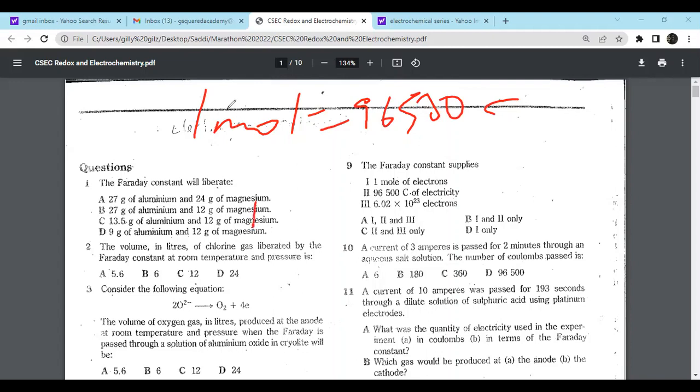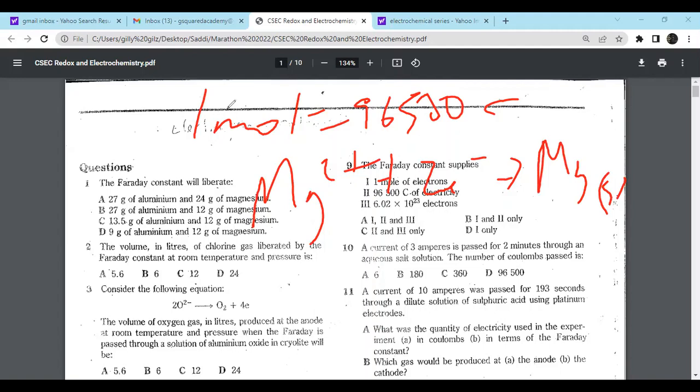For example, for magnesium, Mg2+ plus 2 electrons produces Mg solid, right? If you're given a question like that, all you need to do is look at the equation and ask how many electrons are involved. And that is 2. See it right there? 2 electrons.